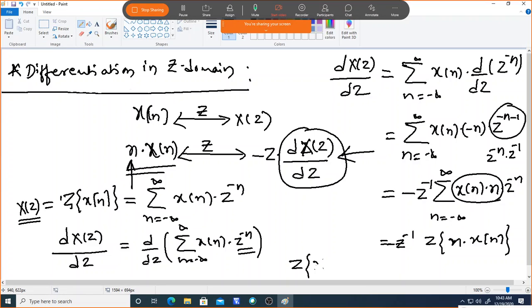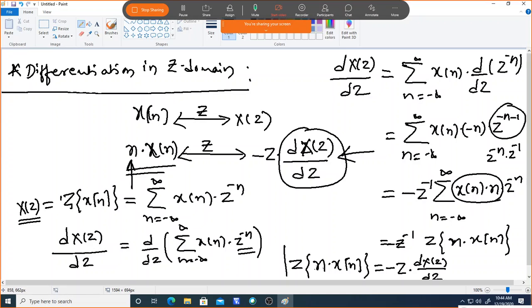So the z transform of n into x of n, if you send this inverse to this side, it will give minus z, and whatever is in the left hand side, dX of z by dz.